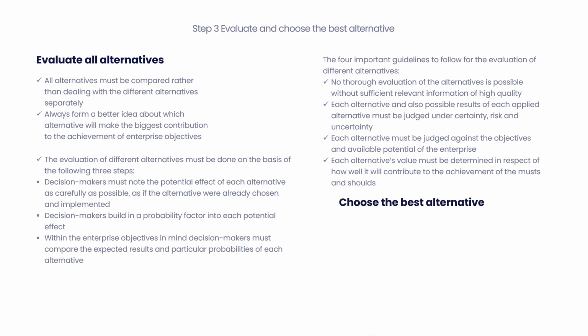Choose the best alternative. So we are choosing the best alternative related to the objective, because we are busy focusing ahead on how we can achieve the objectives required by the company. This is going to help us choose the best alternative.